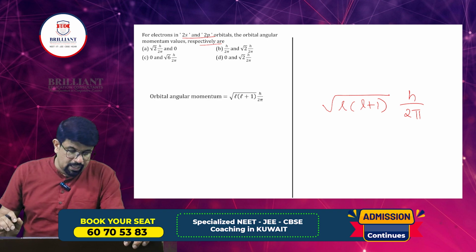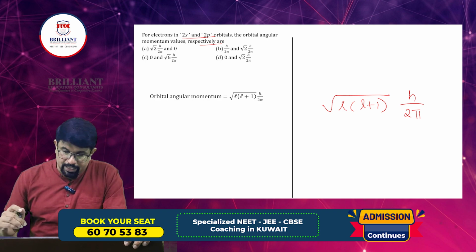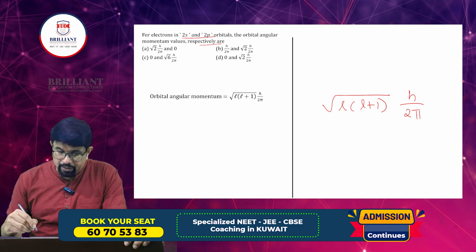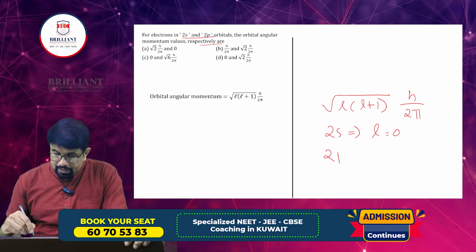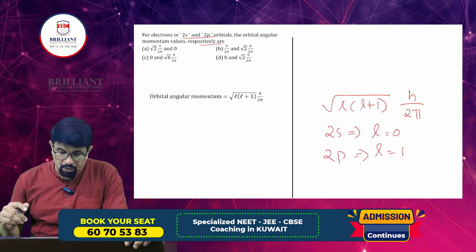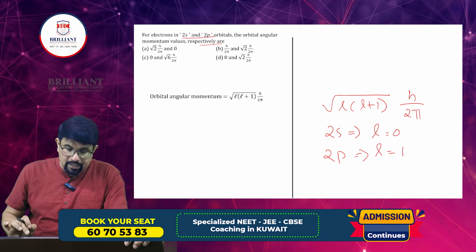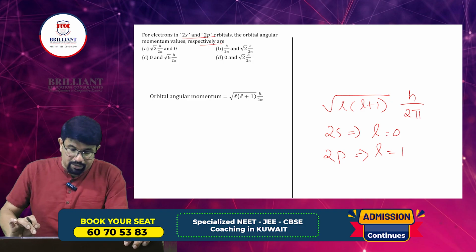Here we have 2s and 2p, so what will be the L value? 2s means n value is 2, L value is 0, and 2p means n value is 2, L value is 1, right?